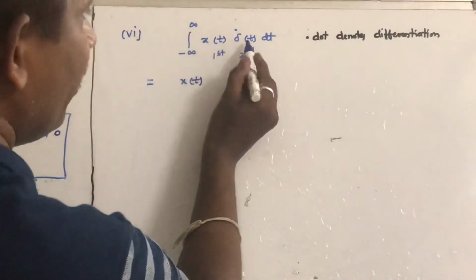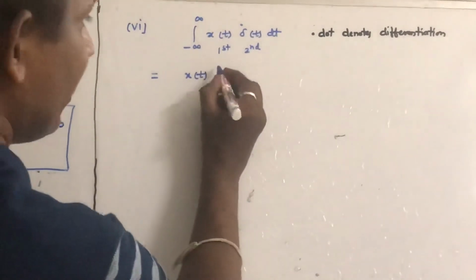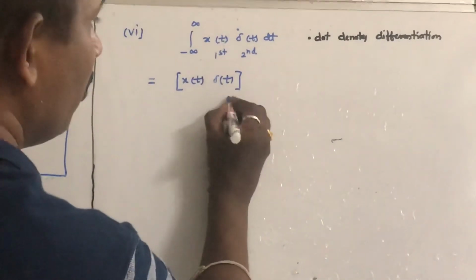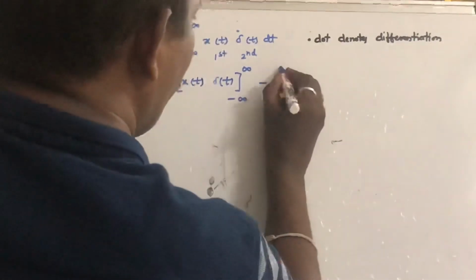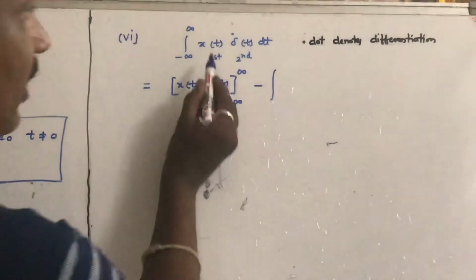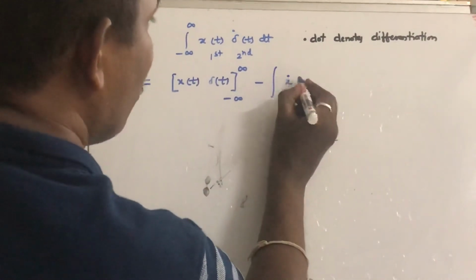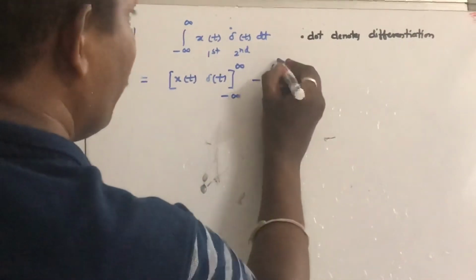Apply the UV rule: the first function into the integration of del dot of t. Integration and differentiation get cancelled out, so you will get del of t, with limits minus infinity to infinity. Then minus, as you know from the UV rule, the differentiation of the first function, which is x dot of t, into the integration of the second function, del of t dt, from minus infinity to infinity.